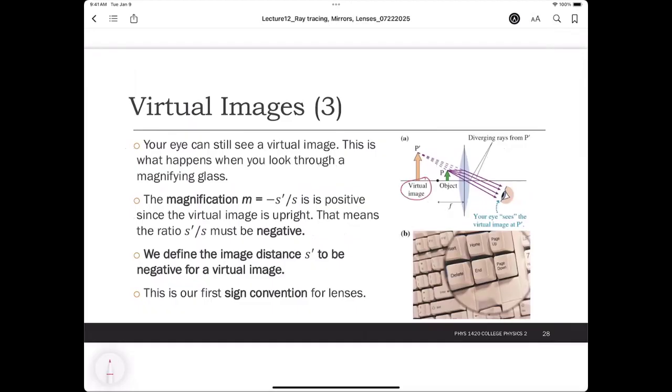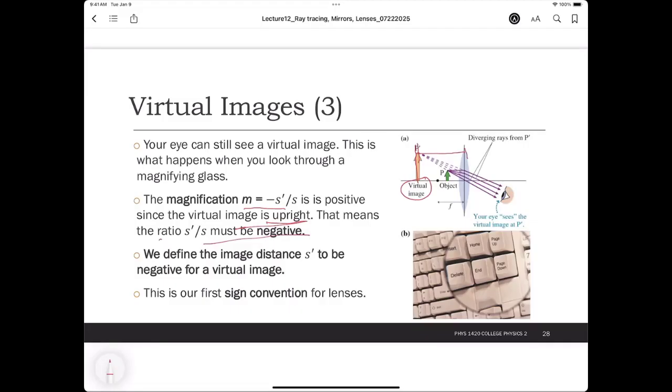But if you place a screen here, there is nothing there. The magnification m equals negative s prime divided by s, and it is positive because the virtual image is upright. That means the ratio s prime divided by s must be negative. That makes sense to you? We define the image distance s prime to be negative for a virtual image.